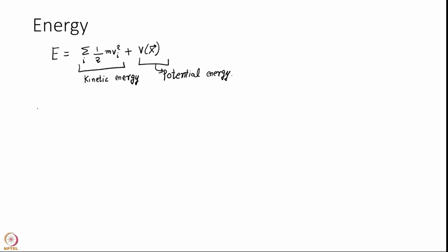And what one can show is that energy is a constant with time, that is del E over del t is equal to 0. Okay, so this is well known, I am just highlighting it here for a specific reason.